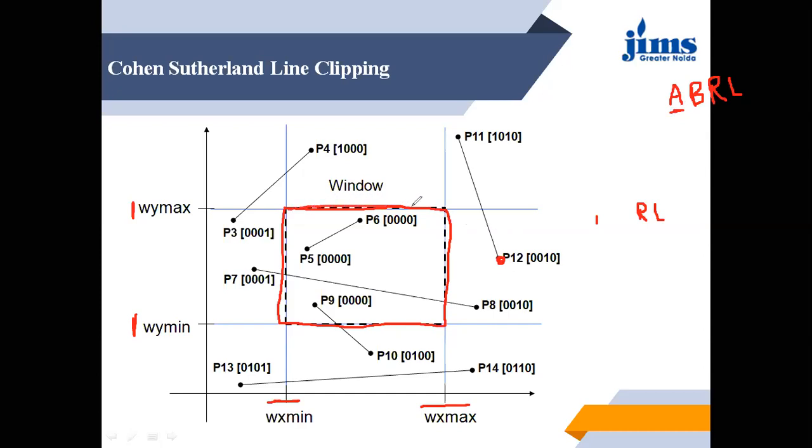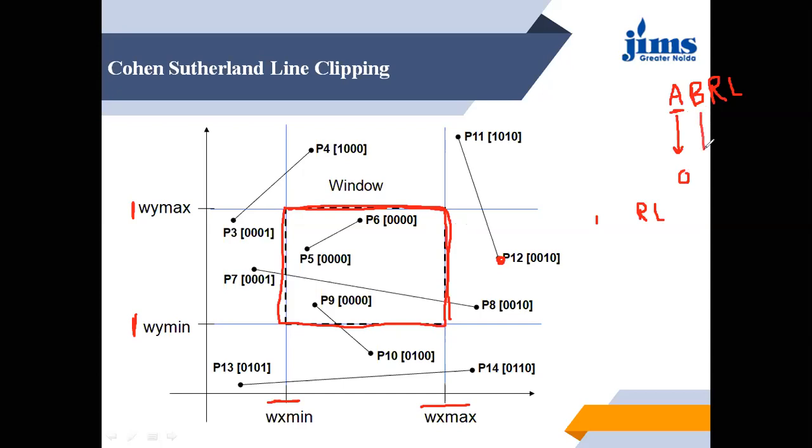So when we are comparing this with our window, then this is not above the window size. So the value of above coordinate is 0. And when we are comparing this with the window for the below, then this is also not below from the window.